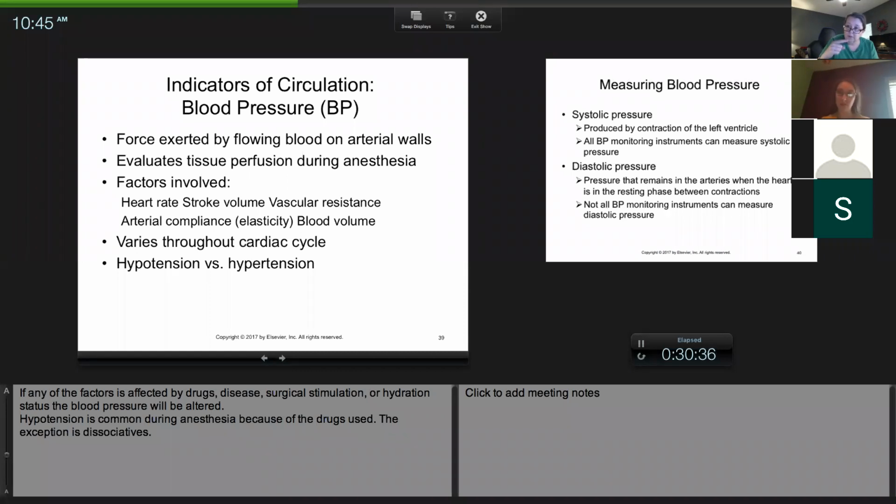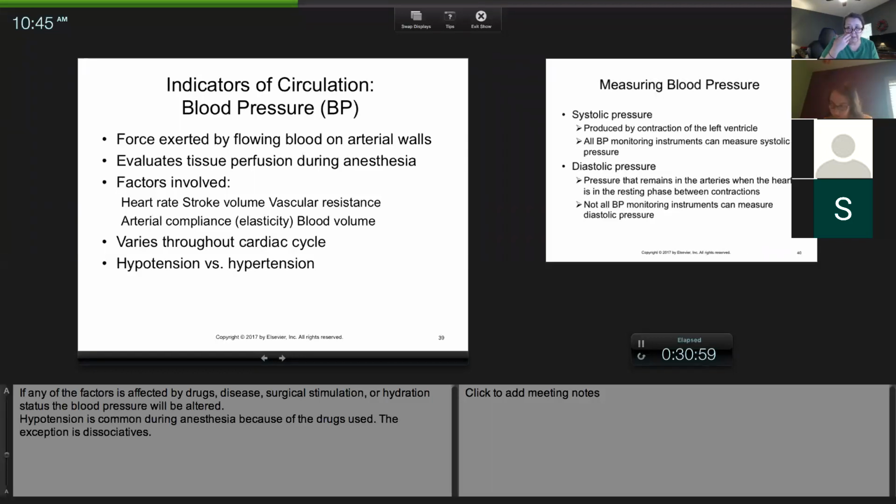If we have hypertension, which is high blood pressure, most of the time that's associated with pain and them being too light. If the blood pressure spikes, they're too light. Hypotension can be vasodilation from drugs. Increased anesthetic depth is going to make their blood pressure drop. So they're too deep.